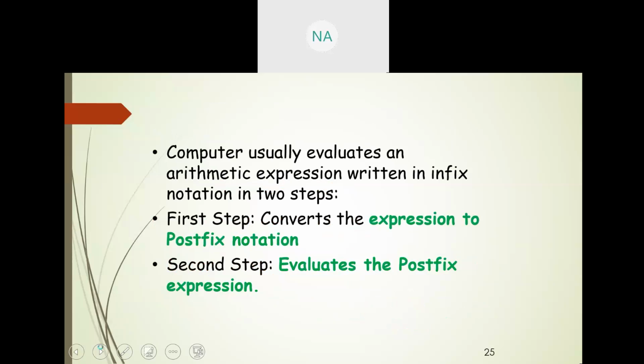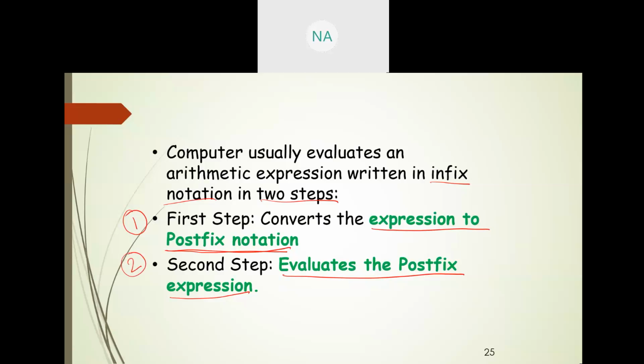So a computer usually evaluates an arithmetic expression written in infix notation in two steps. First, it converts the expression into postfix notation, and then the postfix expression is evaluated, right? So in the first step, the infix expression is converted into the equivalent postfix expression, and in the second step, that equivalent postfix expression is evaluated.